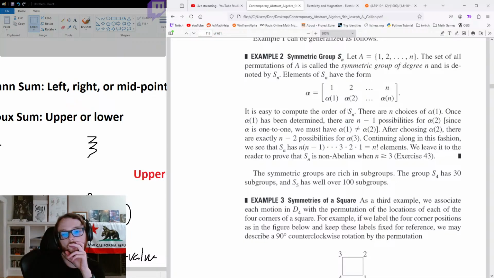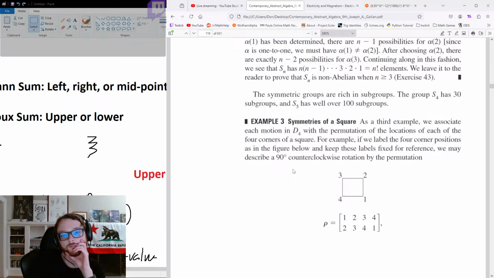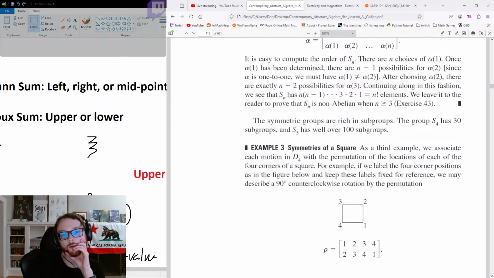The order of S sub n is just n factorial. Oh, okay, yeah, and they're showing why it's n factorial. Okay. Wait, S sub n is non-abelian when n is greater than or equal to 3.